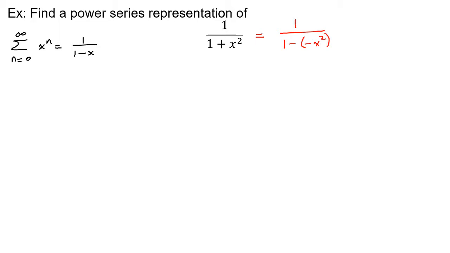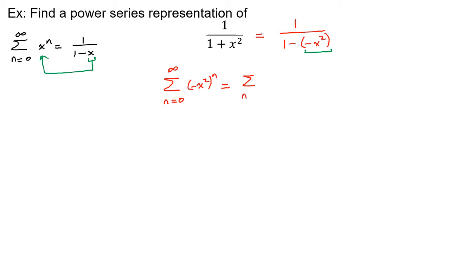And so whatever's sitting right here would match with whatever's sitting right here, and this matches with that x right there. So I'm going to rewrite this as the summation from n equals 0 to infinity, and I replace the x to the n with negative x squared to the n.